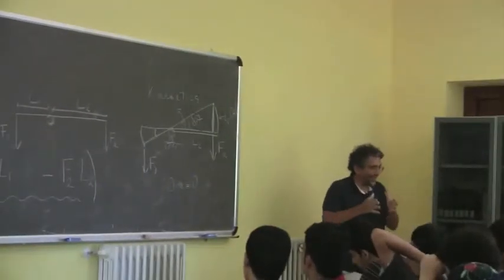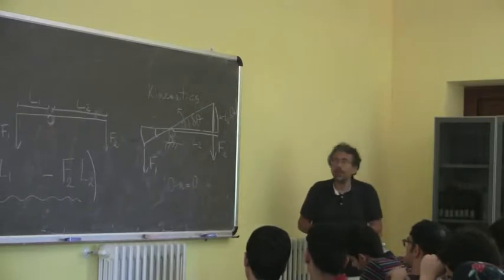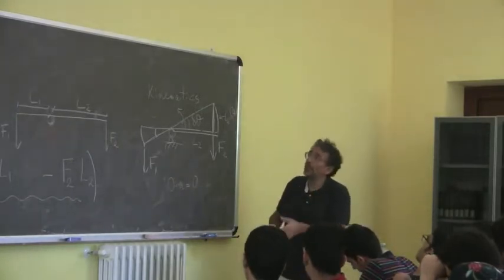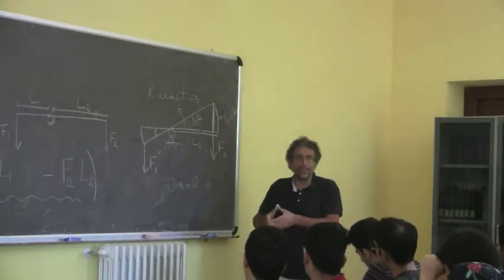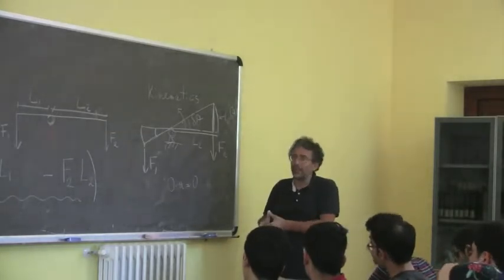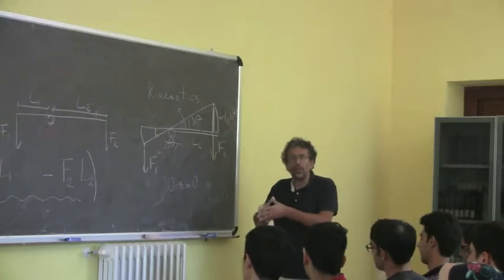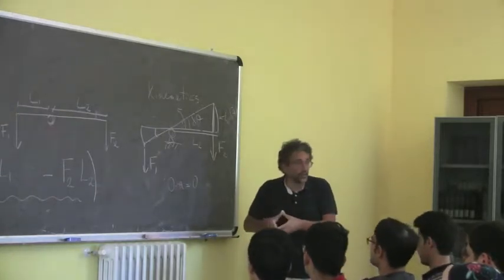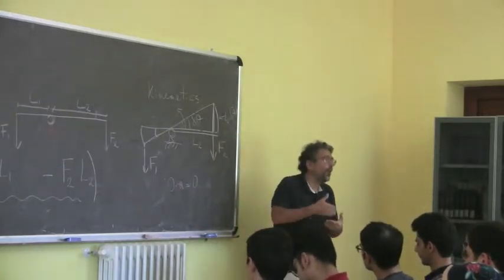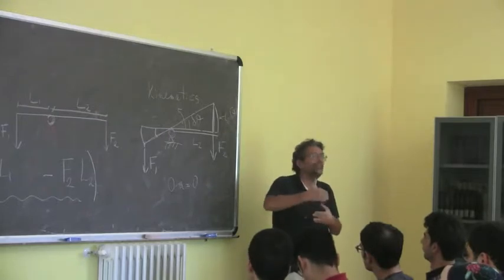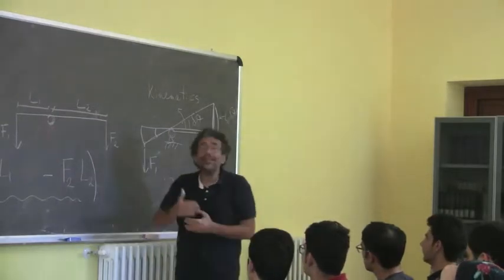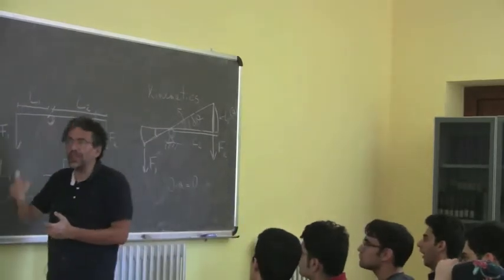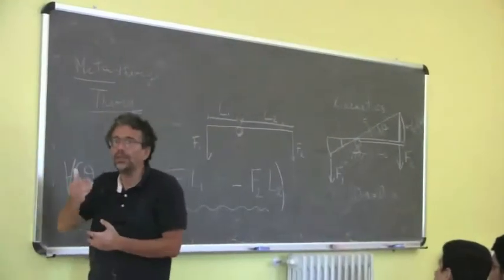The first time the equilibrium of a lever was studied, and the first time we had the solution of this problem, when this problem was at the boundary of knowledge, they used the principle of virtual work.